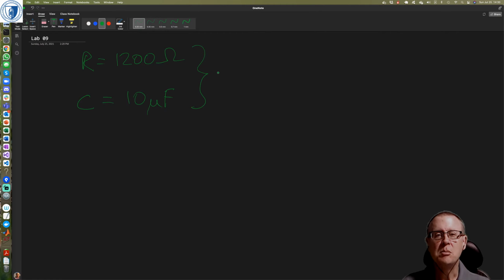So those two combined mean that our tau, our time constant, which for a resistor capacitor circuit is RC, is going to be 1200 times 10 times 10 to the minus 6.